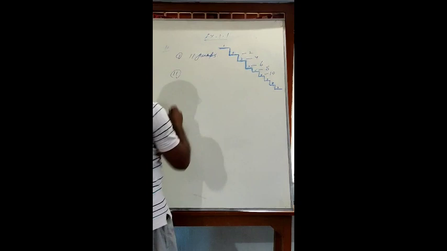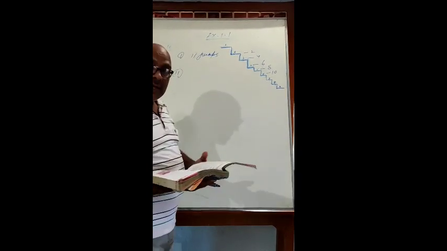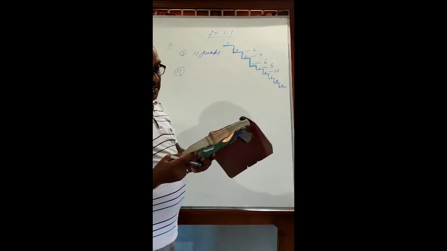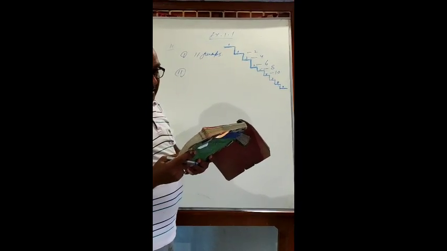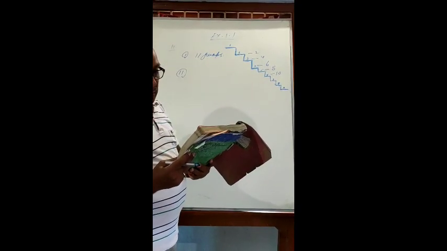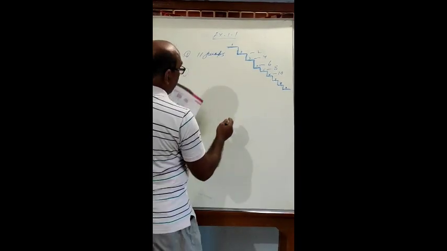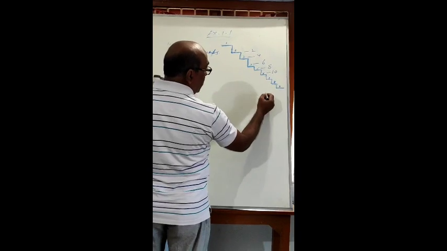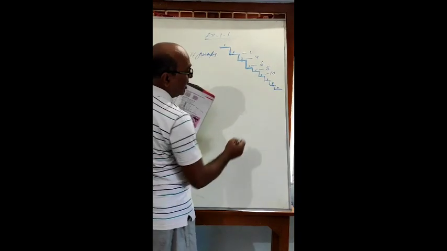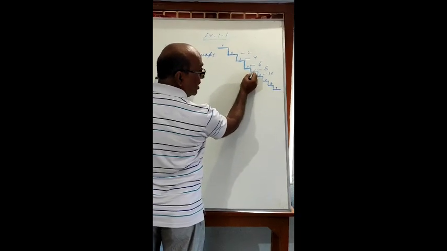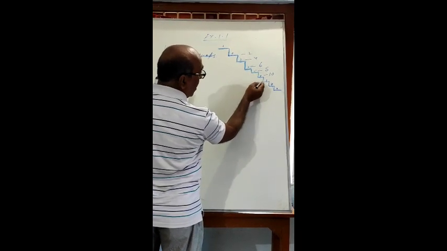In question 10-2, after drinking water, he wants to go back. For this, he jumps 4 steps up and then jumps 2 steps down in every move. Therefore, after drinking, the monkey moves 4 steps upward, 1, 2, 3, 4, and he moves 2 steps downward, 1, 2.